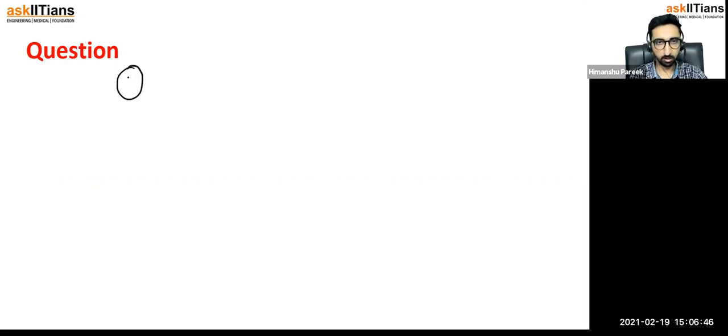So let's say we go to the market and purchase this bulb, and on the bulb you would find a rating of 100 watt, 220 volt. So what does it mean?